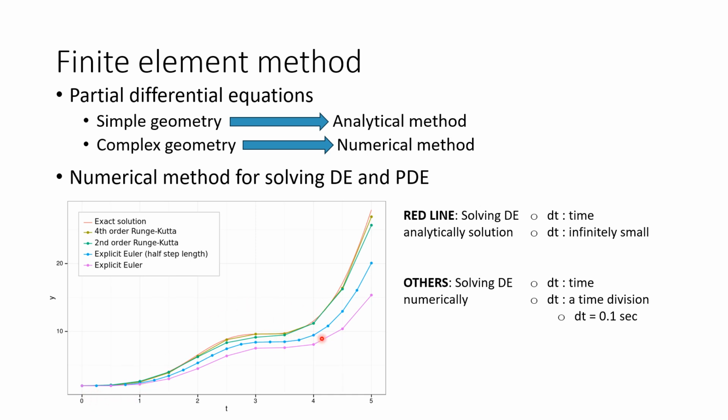With purple we have the explicit Euler method, which for example uses 0.1 seconds. If we take for example a 0.05 seconds time step, we see that it is much closer to the original function, but here it is still pretty far.